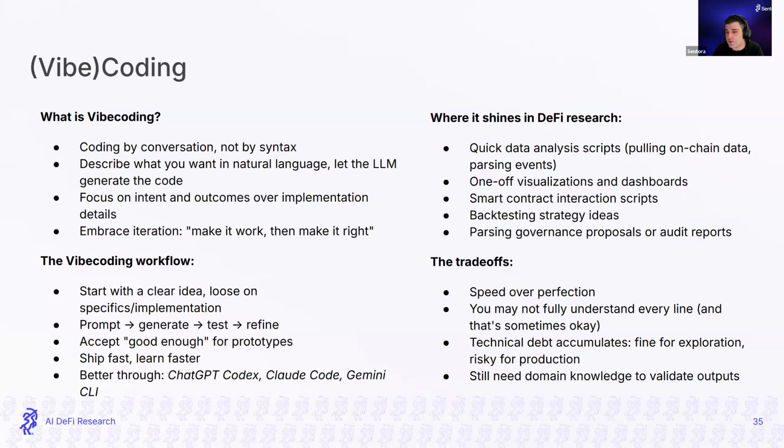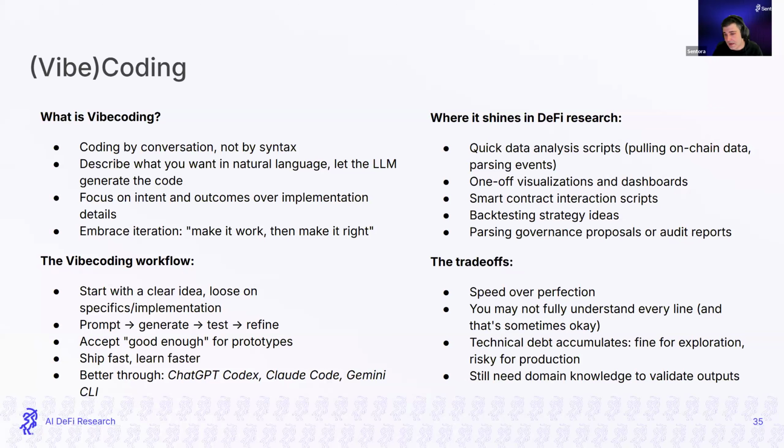Visualizations and dashboards is also something that it does extremely well. Particularly interacting with the smart contracts for on-chain data was something that took a lot of time. You had to understand specifically how the smart contract works, how to query, set up the node, interact with some different libraries. Nowadays, this can be done through vibe coding directly.